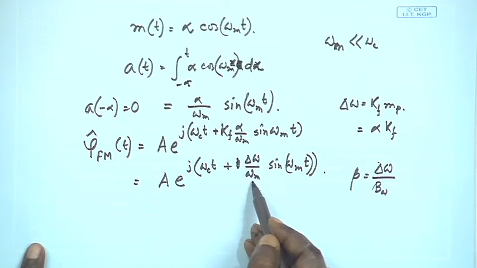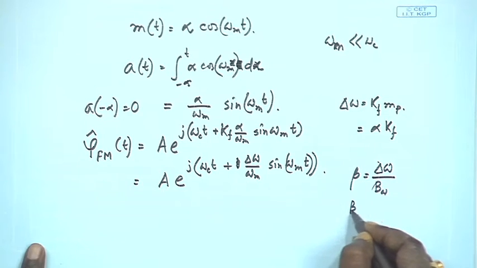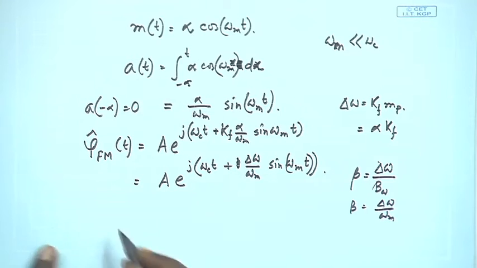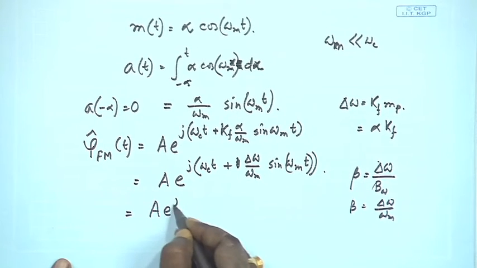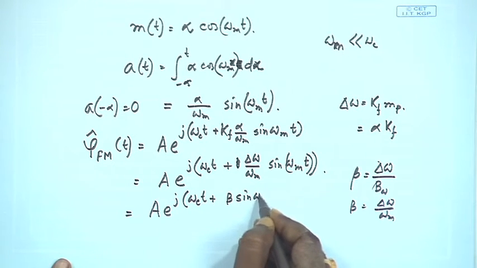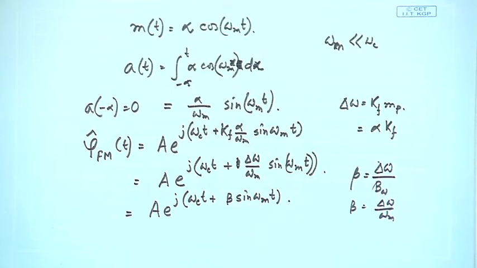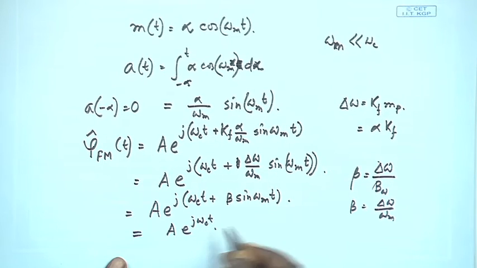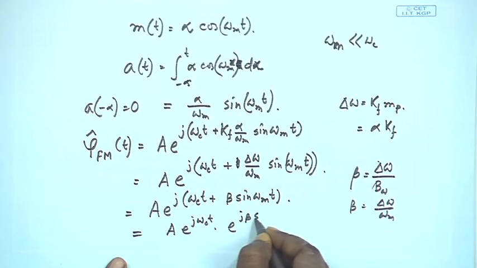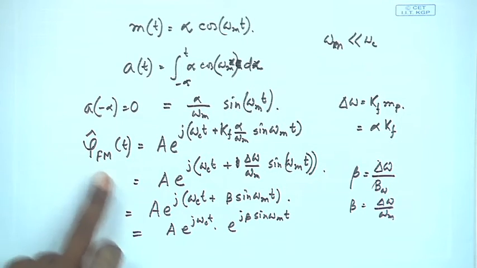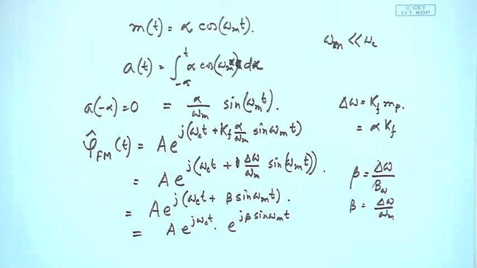So, del omega by omega m must be my beta. So, this becomes my beta. So, I can write this as A e to the power j omega c t plus beta sin omega m t. Okay. So, that is my phi hat FM.